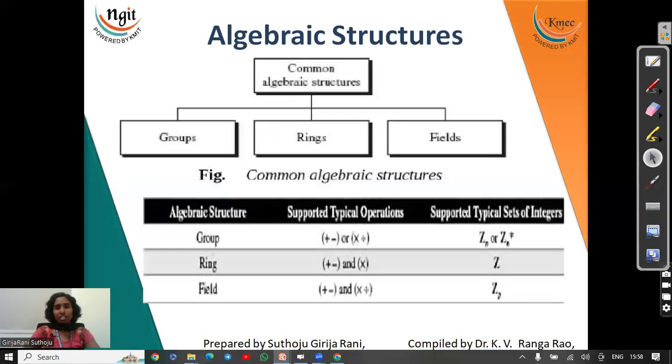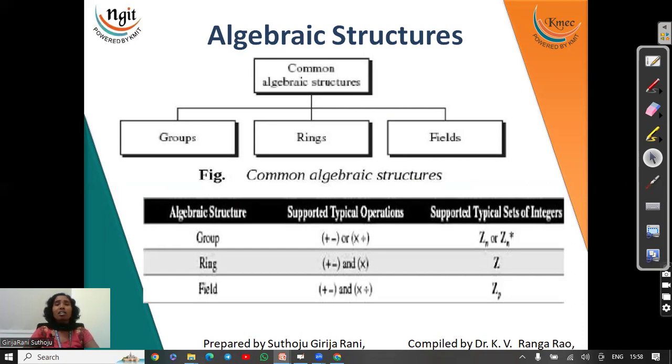Let's enter into the session now. Coming to the algebraic structures. When we ask what algebraic structures are, the term itself says that a set of elements, when we group them together and perform some operations on them, is called an algebraic structure, right?